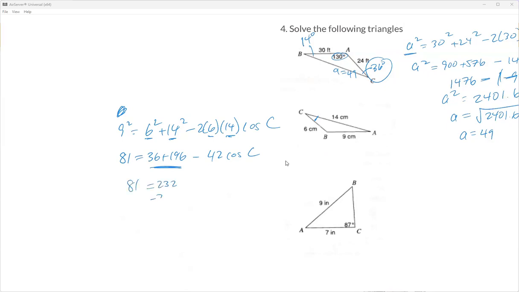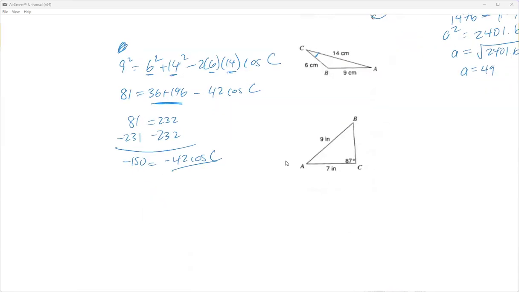232 is equal to 81. Subtract the 232. You get what? 232 minus 81 is negative 150. I should have known that. Is equal to negative 42 cosine C. Divide both sides by negative 42.